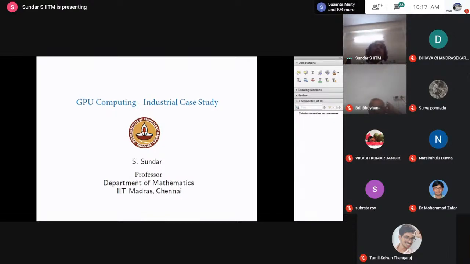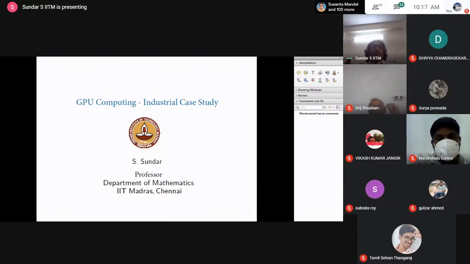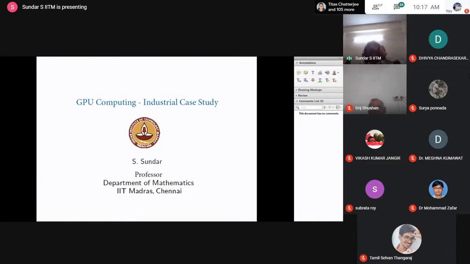And all your scientific software like MATLAB, like FemLab, Mathematica, whatever you say, already come with GPU computing, meaning you can do even fast computing with your laptop with those software.